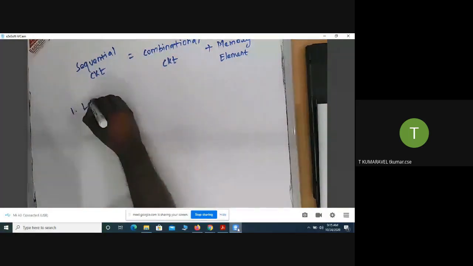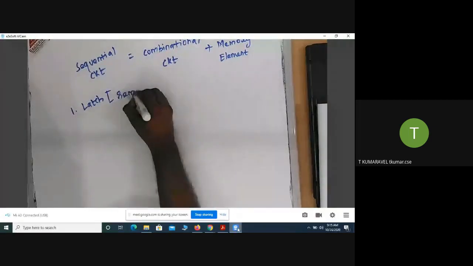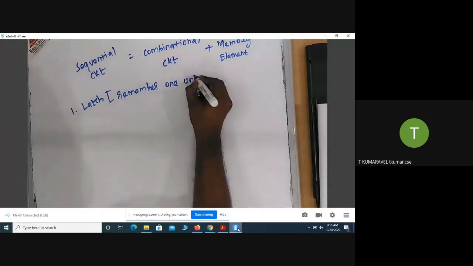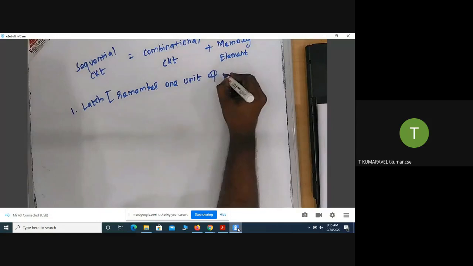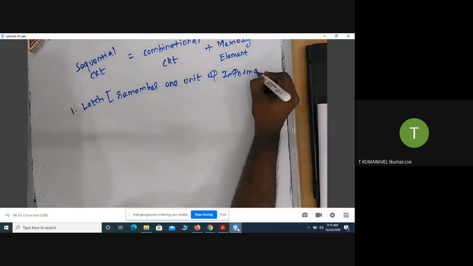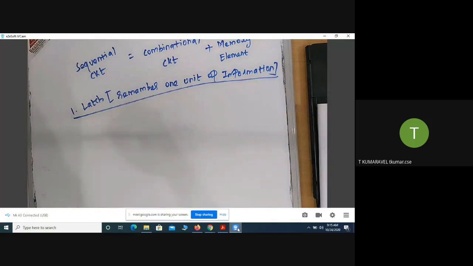What is the use of a latch? It remembers one unit of information. That is called a latch. Different types of latches are available. Let me talk about them one by one.